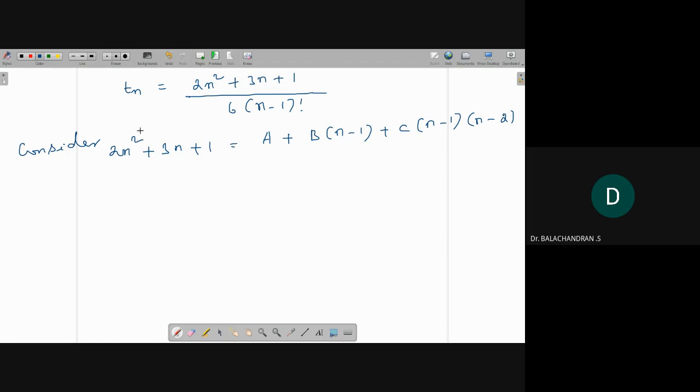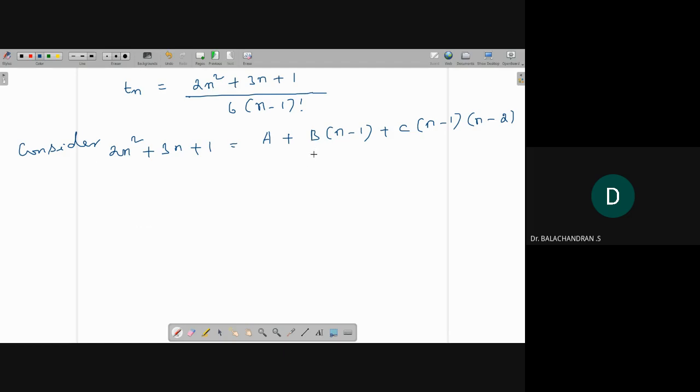The left hand side is quadratic and the right hand side is also quadratic. So I want to split the given function like this in such a way that I need to find the constants a, b, c. In the previous problem it was a little bit easier, so I directly added and subtracted in the numerator and simplified. But here it is not possible to just add and subtract in the numerator. That's why I am forced to write like this.